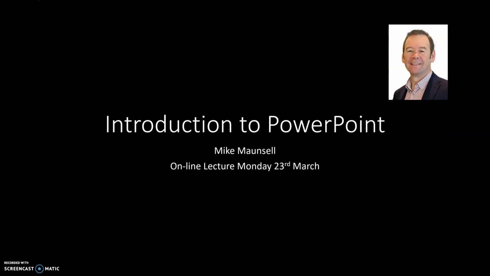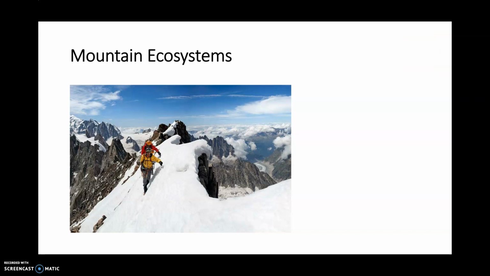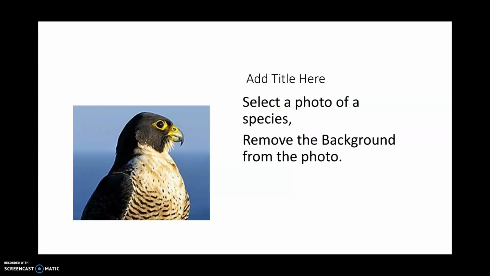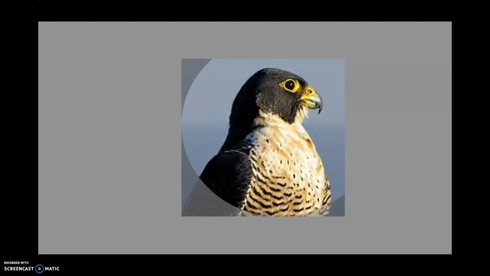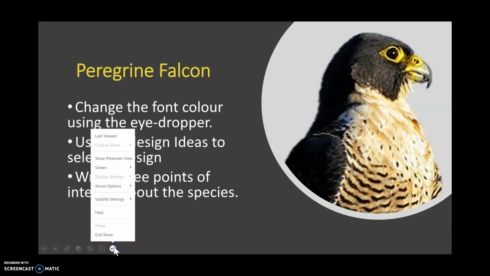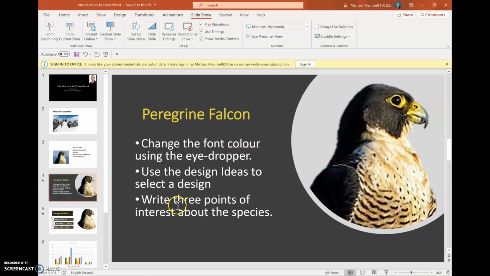I can then press the down arrow, the right pointing arrow, or the return key to go on. That's to progress with the slideshow. I'm now going to press end show and get out of it again.